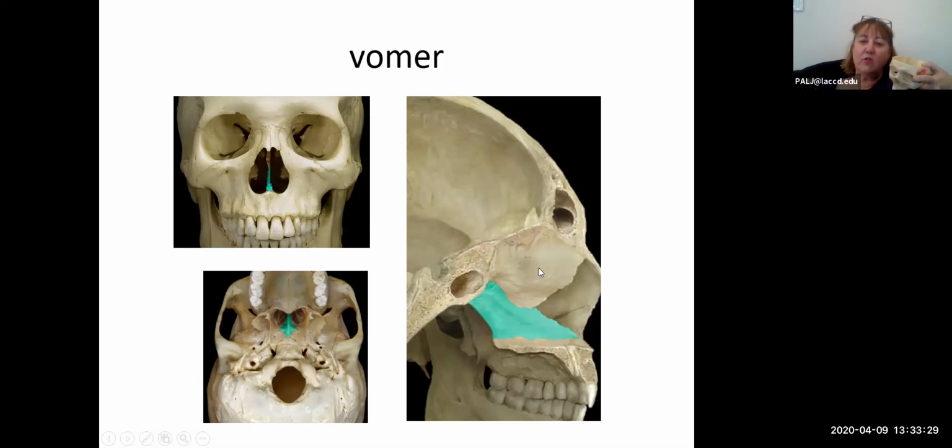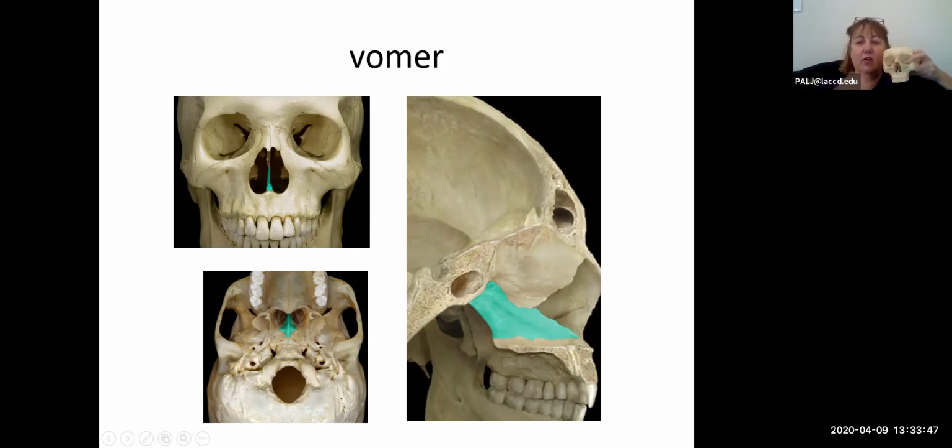And that only comes down about halfway. Then highlighted in blue is the vomer. See, anteriorly it's quite narrow, and then posteriorly it is quite thick.